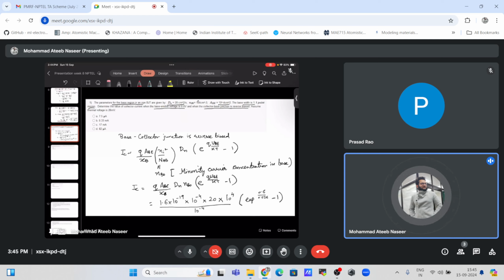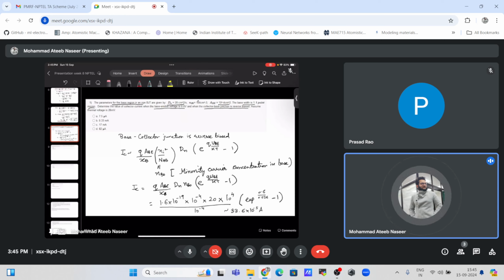Okay, so let's solve for this. It has to be exponential of this thing, then this, and we will get approximately 33.6 into 10 to the power of minus 5 amperes.